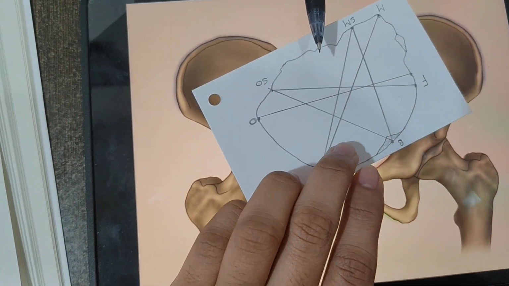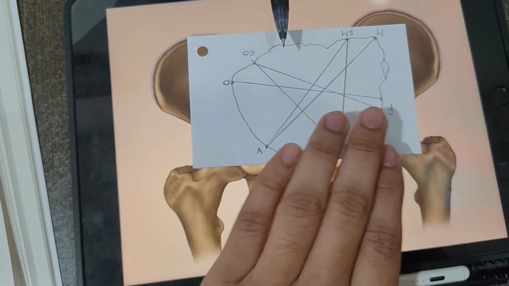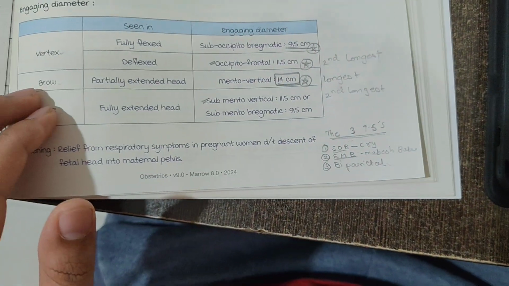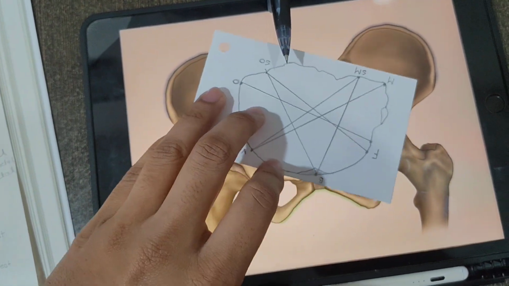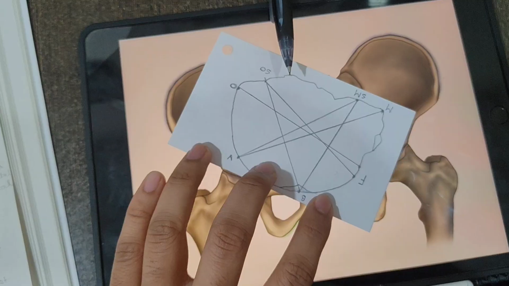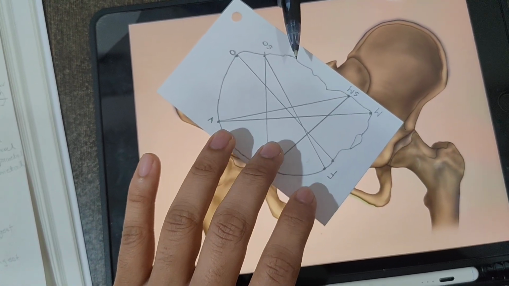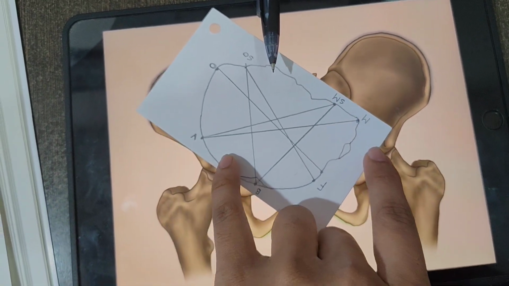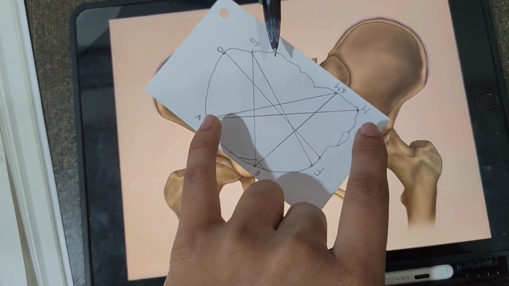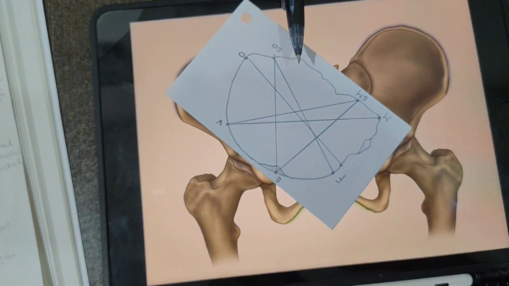And then let's deflex the head a little bit more. So we're here, occipitofrontal. Now we directly go to the brow presentation. As you can see, the fetus is slowly extending its neck, and as it extends its neck, we're here at brow. At this brow presentation, it's pretty obvious that the mento-vertical diameter is the one that is parallel to the floor or perpendicular to this axis.